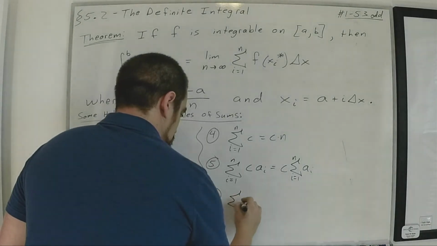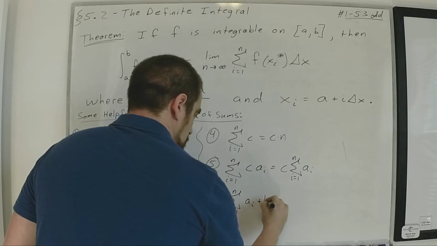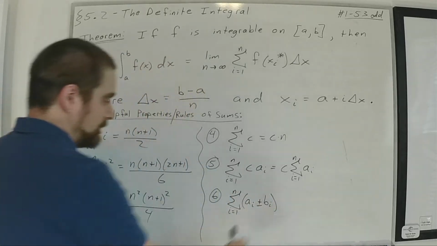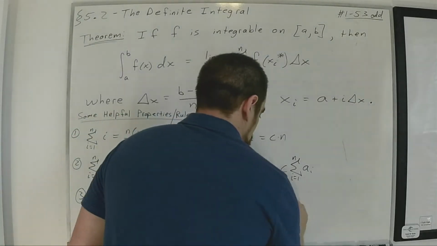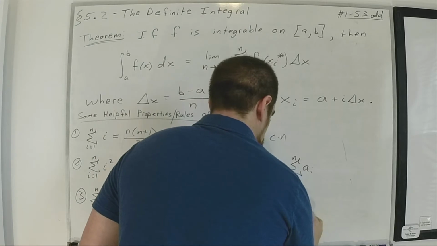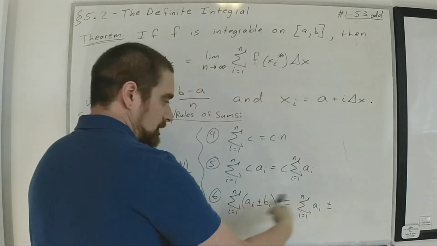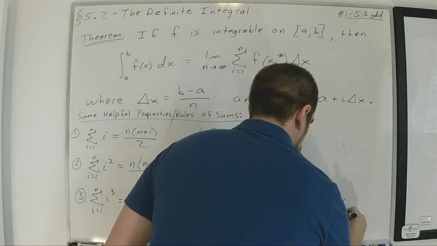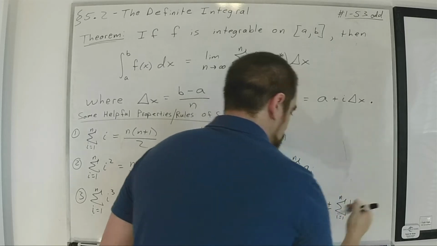Also, if I have two finite sums, but I'm adding or subtracting these different terms in here, then rather than do it all in one big chunk, I can sum up across all the a sub i's, and then depending on whether it's addition or subtraction, sum up across all the b sub i's, whatever those terms are.